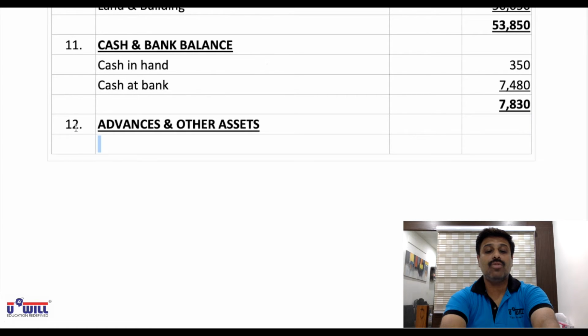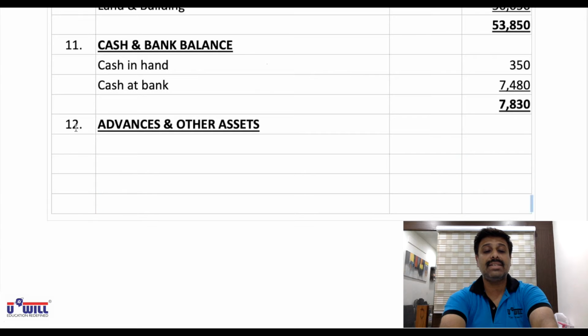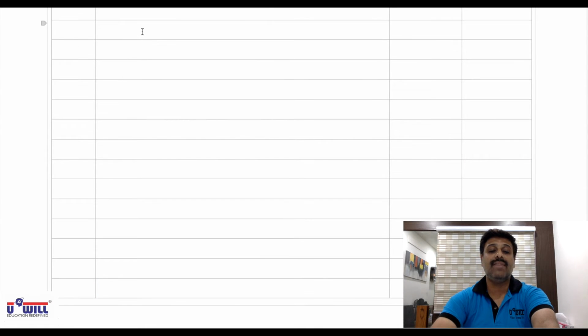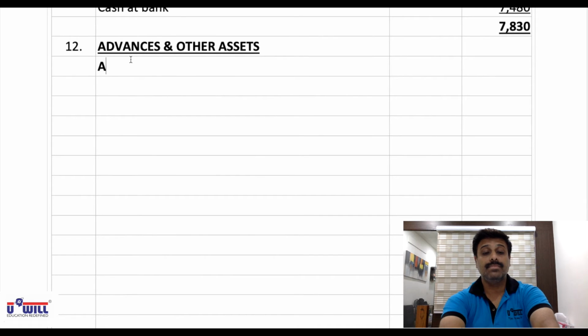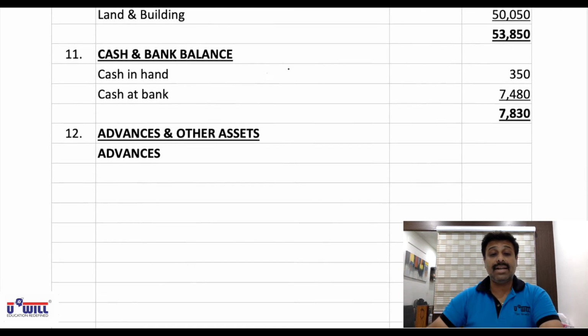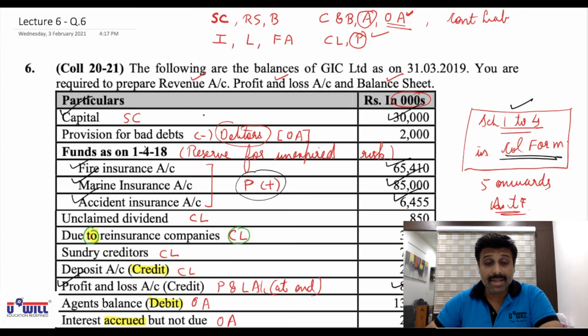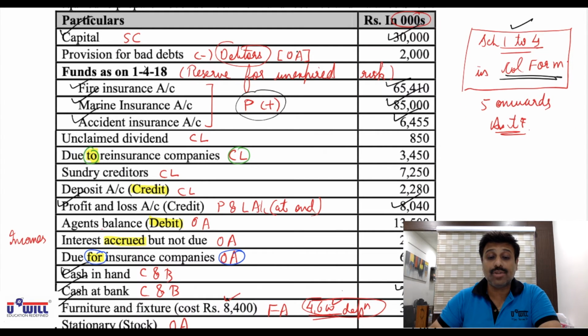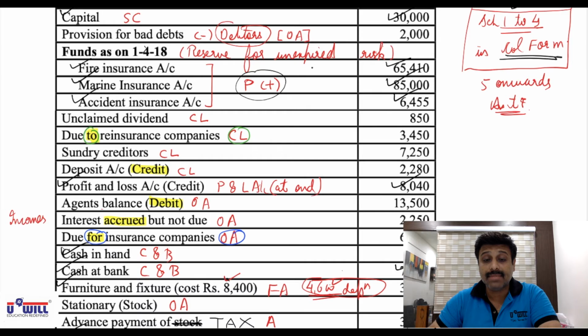Within that also, we'll be showing advances separately and other assets separately. So first we'll show advances. All the items marked as A will be taken into consideration. Let us see where all have been marked as A from the beginning. Other assets we will show separately. First we take only A marked items.